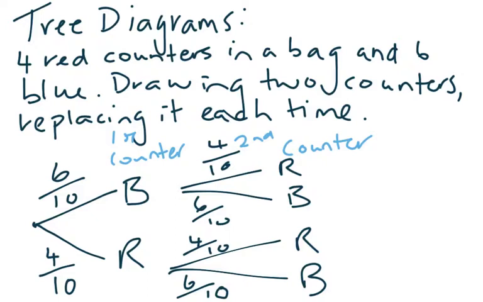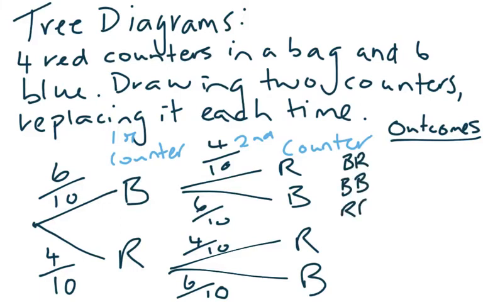Now remember I said down the side, you need to list the outcomes, and it would help to do the probability. So the outcomes we could have are blue-red, blue-blue, red-red, or red-blue.